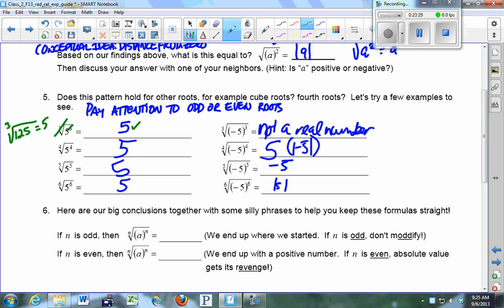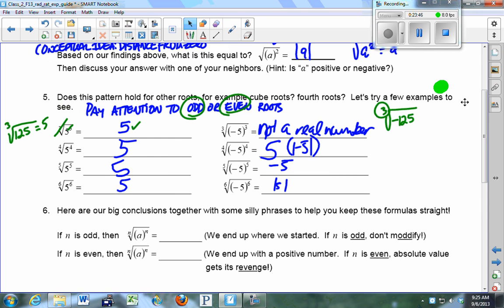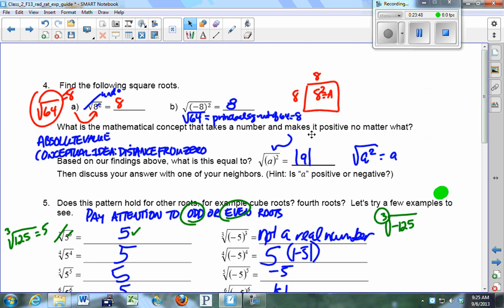What is the cubed root of -125? Because that's what -5 cubed is. Now remember, I said pay attention to whether your index or your root is odd or even, because they act differently. Notice I had up here that we have to put the absolute value because this is an even root.